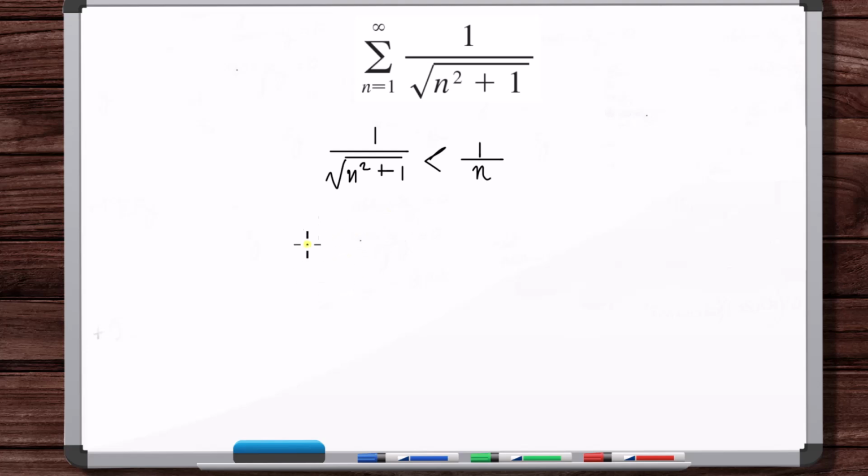But all right, the limit comparison test is you're taking the limit as n approaches infinity of this divided by this, or this divided by this. So let's do this divided by this.